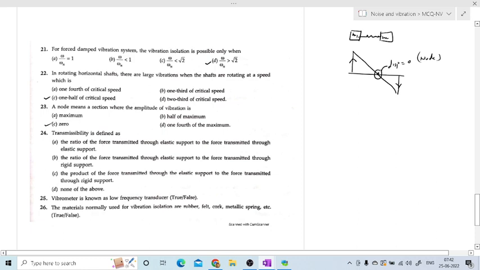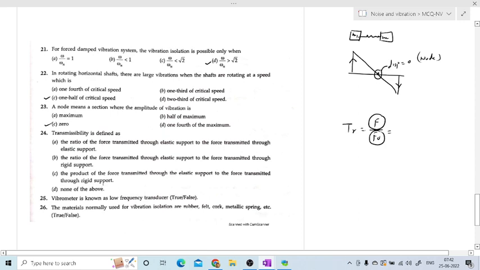So it is 0. Now the transmissibility is defined as — काय formula — transmissibility is nothing but F divided by F naught. Okay, F means force transmitted divided by impressed force. So the ratio of force transmitted through the elastic support to force transmitted through rigid support.